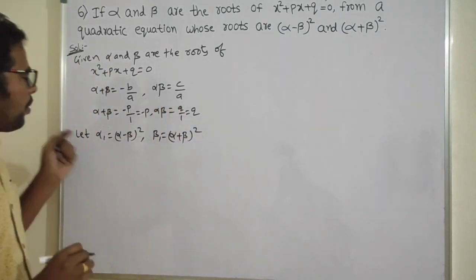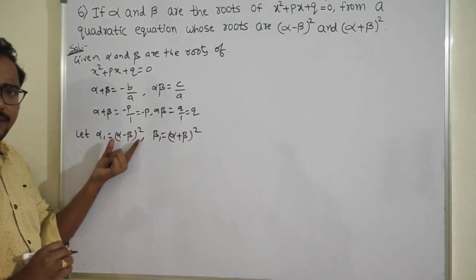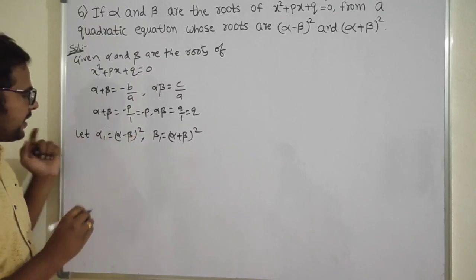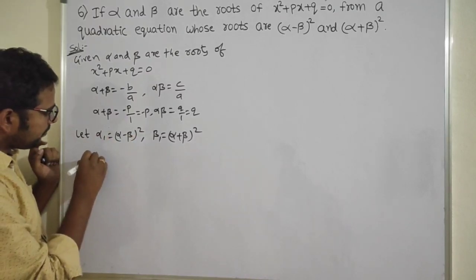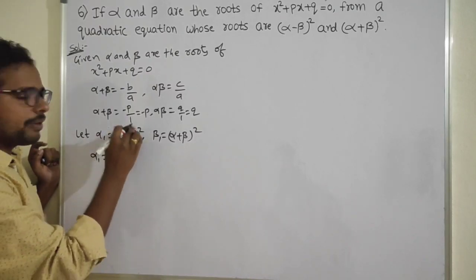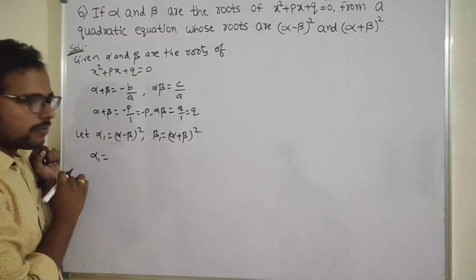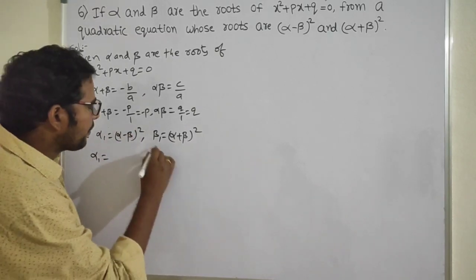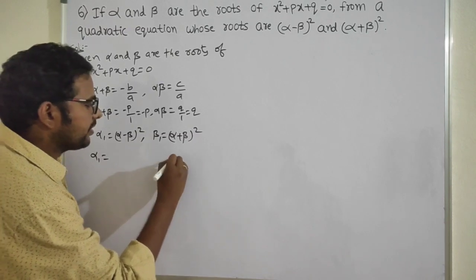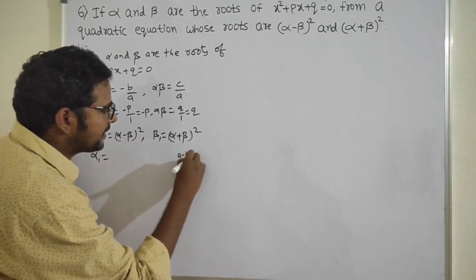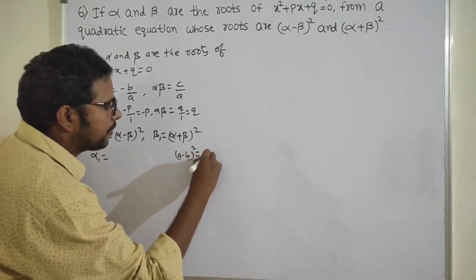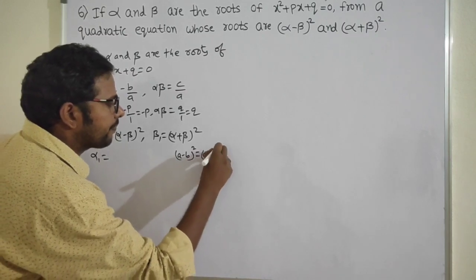Now find the value of alpha minus beta whole square. It is in the form of a minus b whole square formula. How can I write it? A minus b whole square is equals to a plus b whole square minus 4ab.